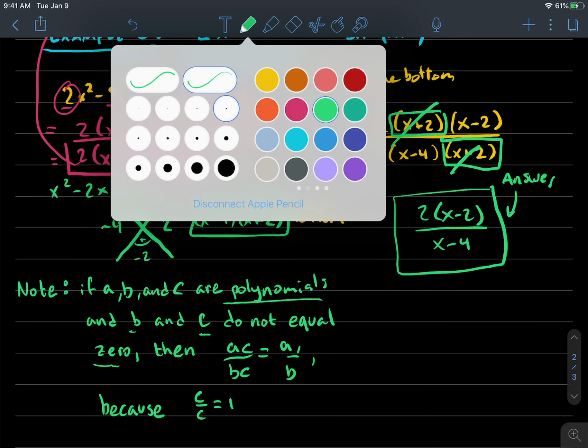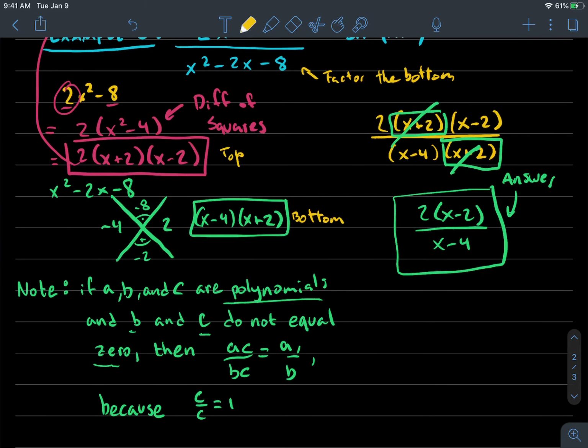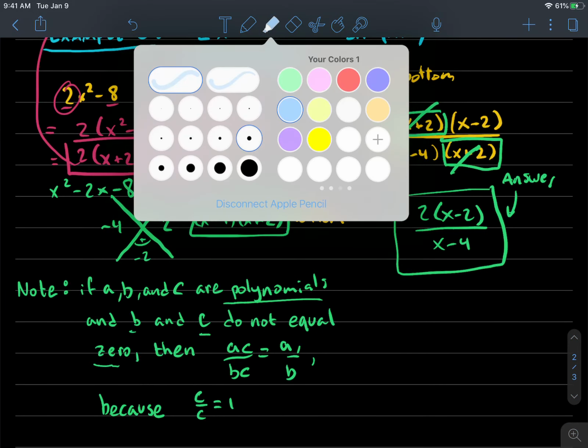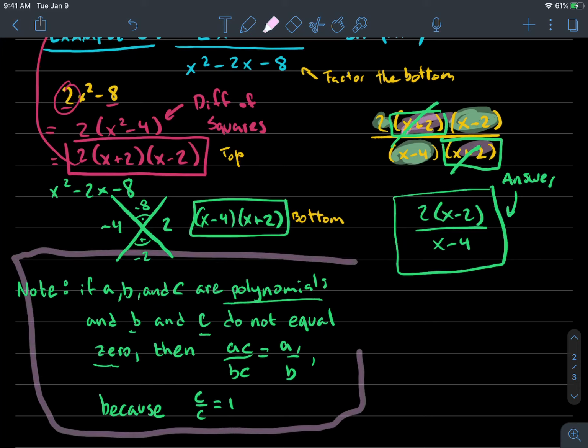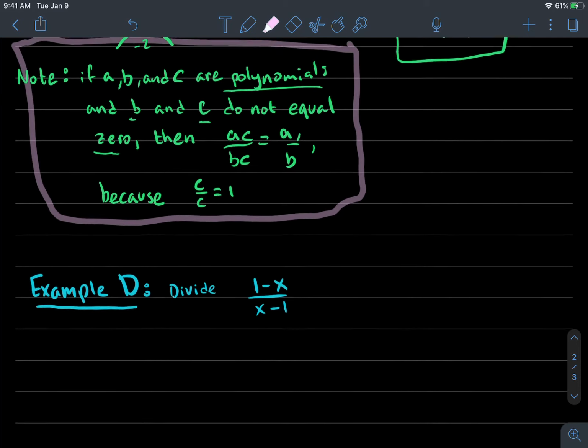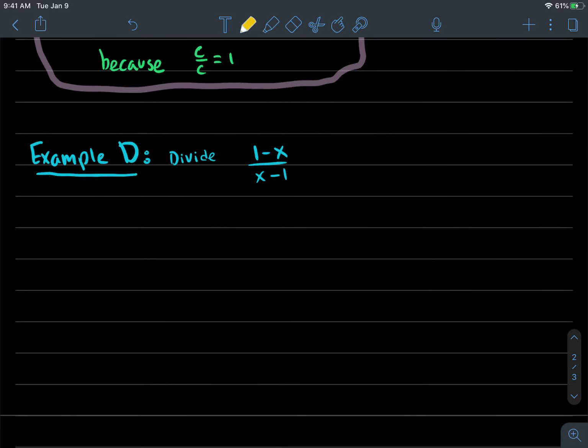So basically, what it's saying is this part is our A. The top parts are A. Our bottom part is B. And then this is our C. And since they're the same thing, they just go away. They cancel out. That's what this note is saying. And now we're just gonna go to our final example.